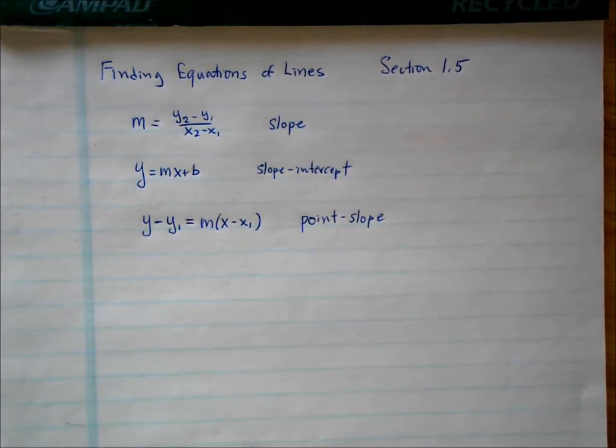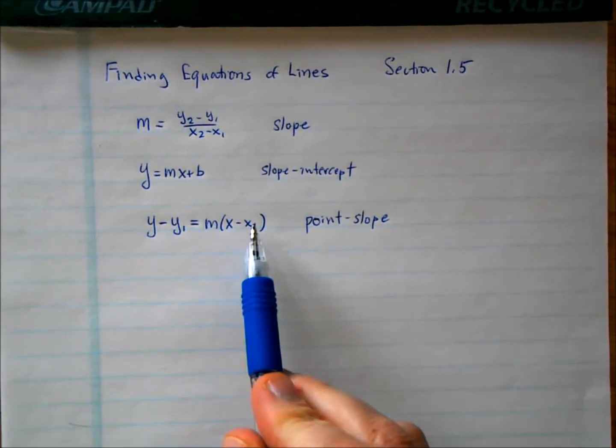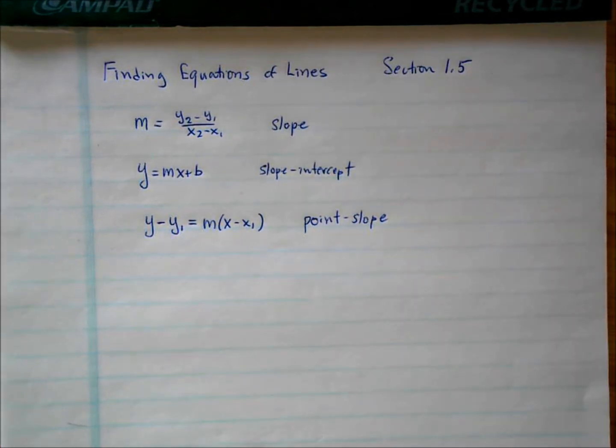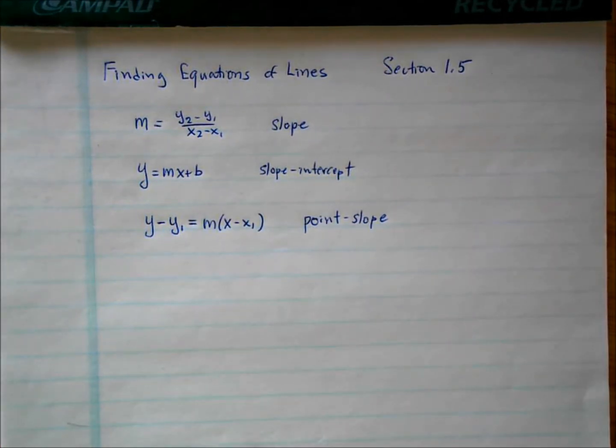The reason it's called point slope is m is the slope still, and x1, y1 is any point on the line. Doesn't have to be the intercept like it does for this formula up here. And we will see that you can use either one of those last two for almost any problem, but sometimes one is a little bit better than the other, and I'll talk about that as we go along.